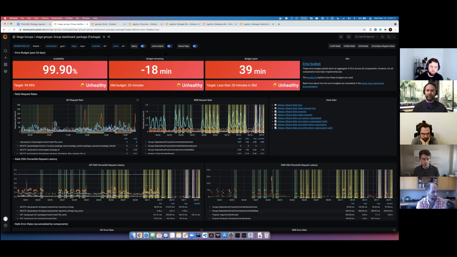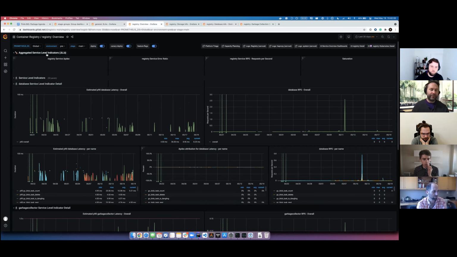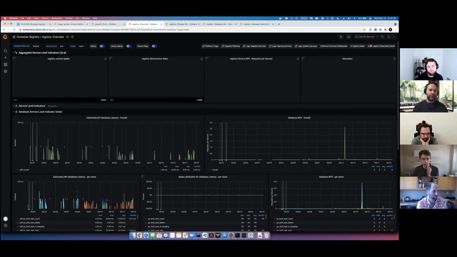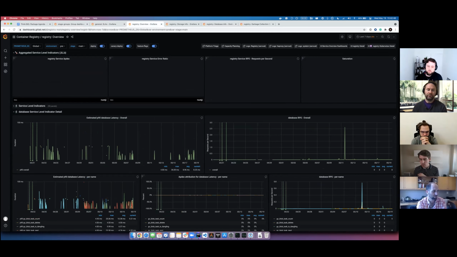I'm not sure where the specific metrics for the package registries are, but if it was for the registry specifically, I would go to the registry overview dashboard, and there you have the aggregated Apdex and error rate, which is not loading now, probably too much data. Let me just narrow down the scope, seven days maybe. And here you can see the day where your SLI has dropped below the tolerated threshold.